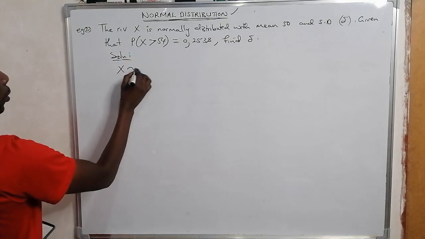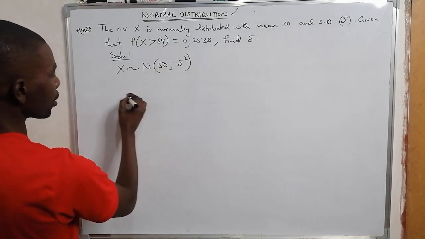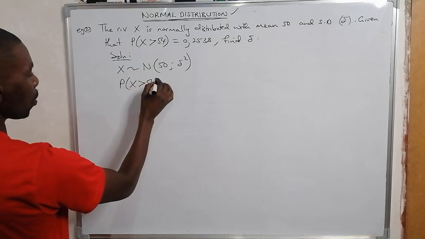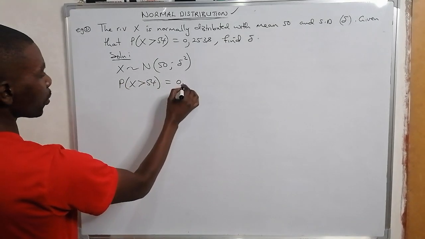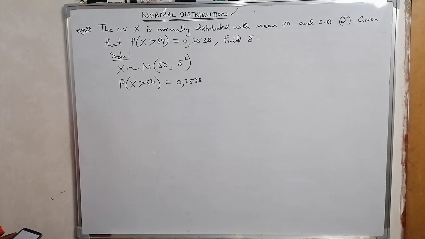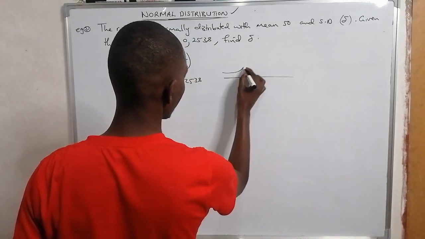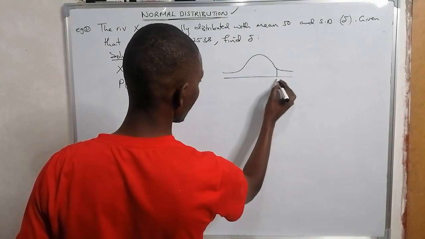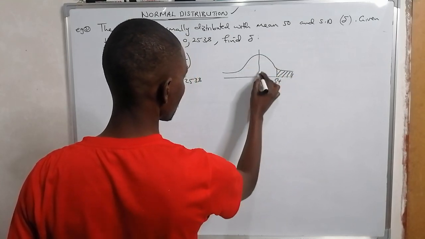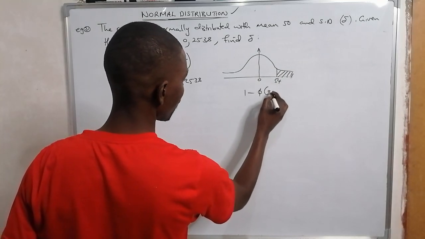Solution. We have x following a normal distribution with mean 50 and sigma squared. Then P of x greater than 54 is equal to 0.2538. Remember, for x greater than 54, we are using this region, which means we have 1 minus phi of a.